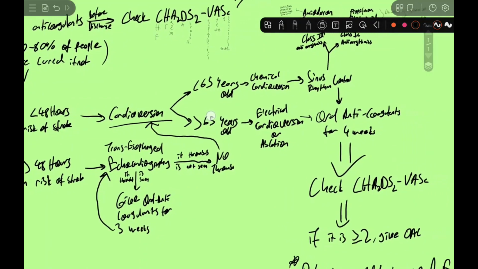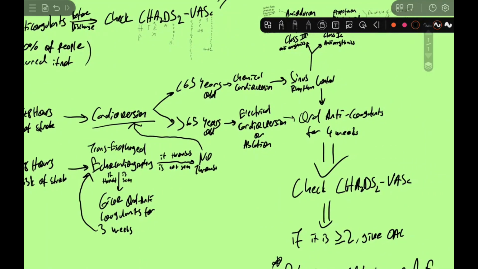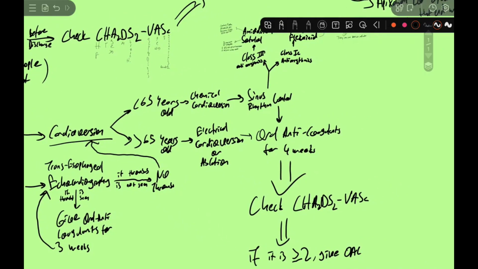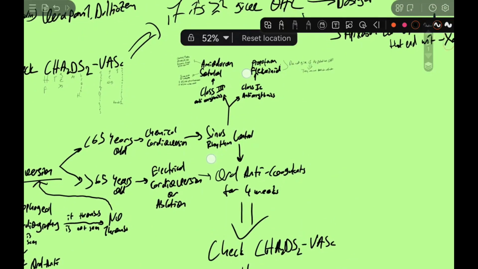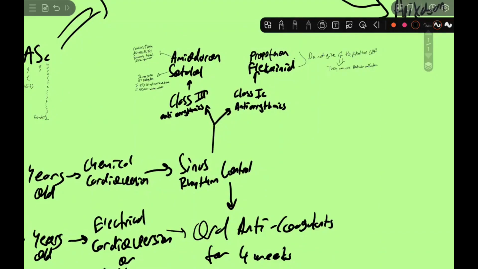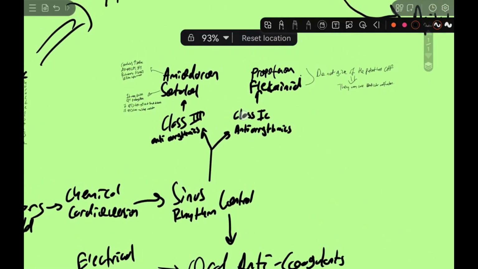So, for cardioversion, we also divide patients into 2 categories. First one is patients with less than 65 years old. We do chemical cardioversion, which is sinus rhythm control, and to do that, we use class 3 and class 1C antiarrhythmics. In class 3 antiarrhythmics, we have amiodarone and sotalol.